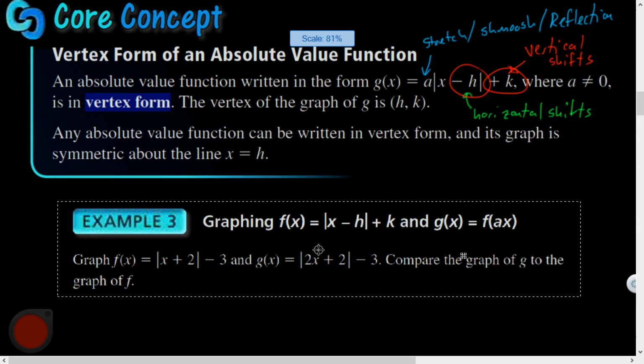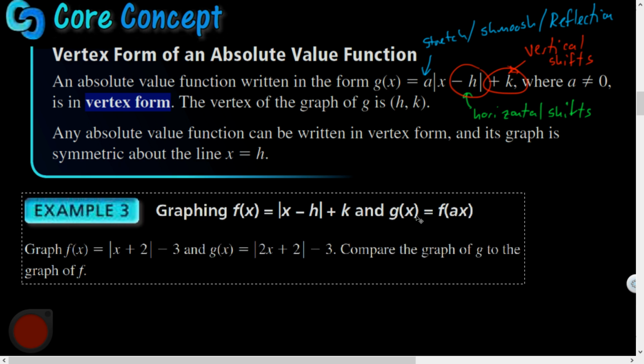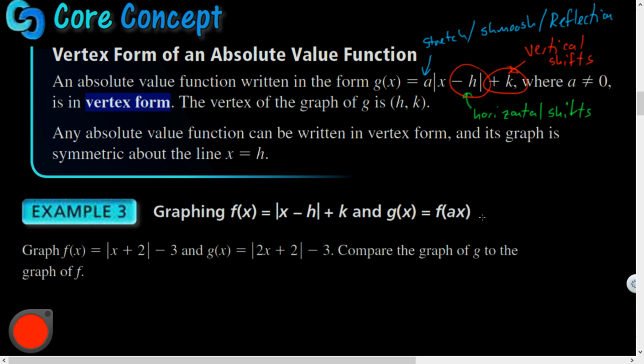All right, so we're going to graph, thinking about these in terms of vertex form. So let's see, I've got a graph. Here's example 3.